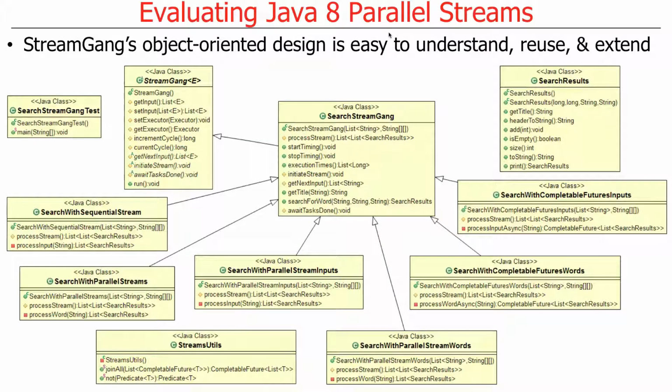The object-oriented design is easy to understand and reuse. This is the design for the stream gang. I won't go through this in gory detail, but essentially there's a base class called AbstractStreamGang, and then we have different kinds of implementations for the different concurrency models. Each of the concurrency models localizes where the differences occur, but we're able to reuse the overall framework, thereby making it easier to write a program that tests it all, and it basically isolates change at the edges of the design, which is almost always the win with an object-oriented approach.